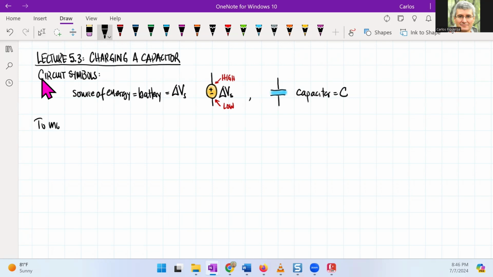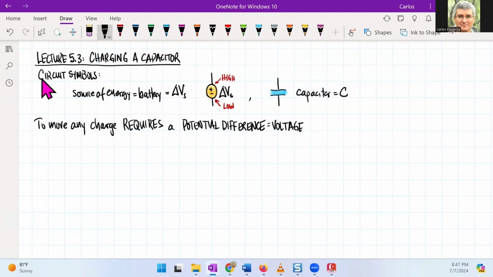To move any charge requires a potential difference, or in circuits, we typically call it a voltage.